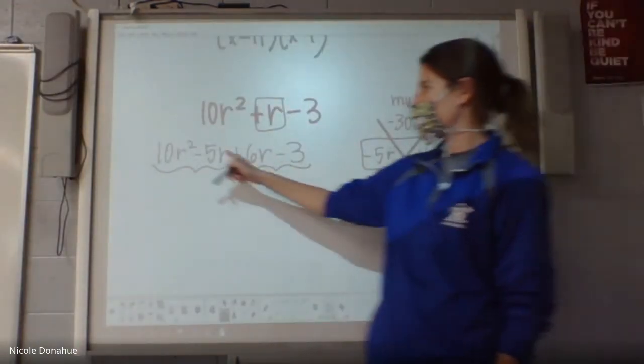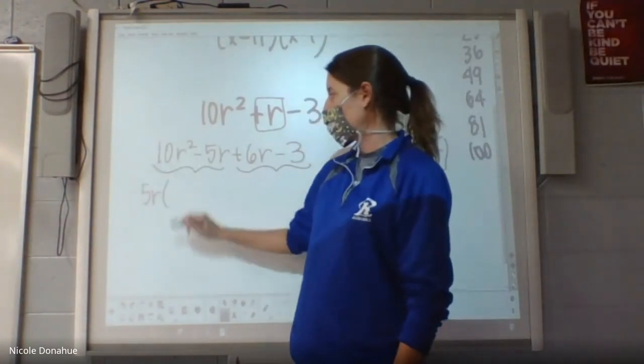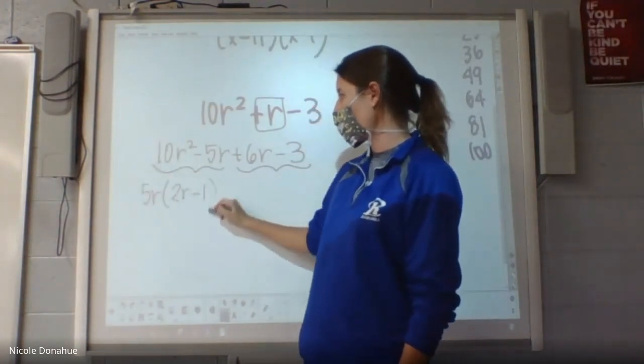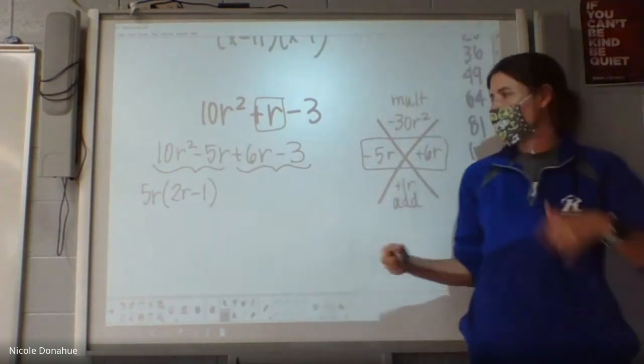So out of these two, I can take out a 5R, right? We're left with 2R, but then a minus 1, because 5R divided by 5R is just 1.